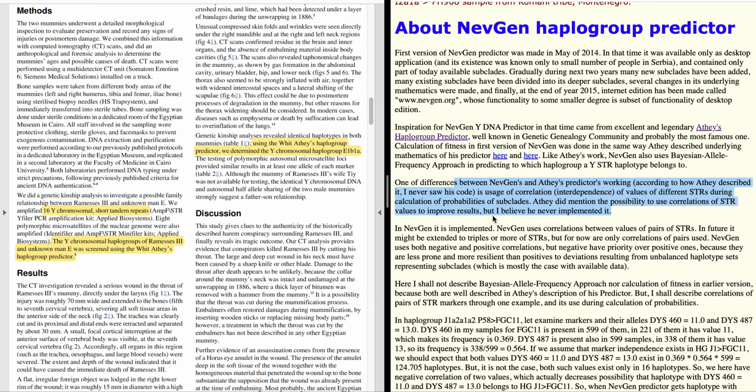So I'm going with NevGen because their data and SNPs are updated. That's just me.